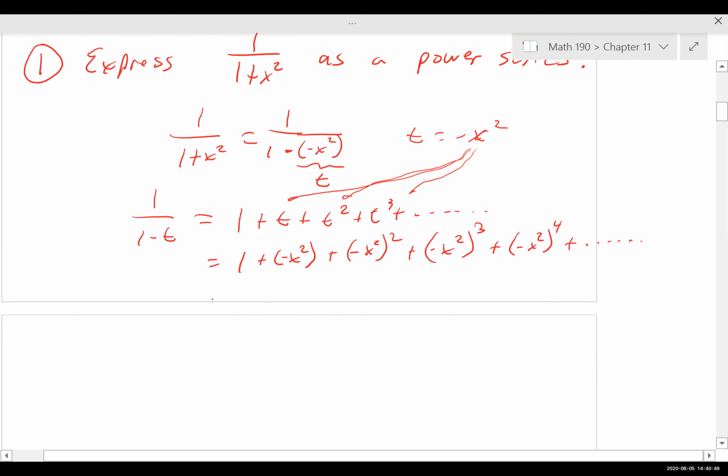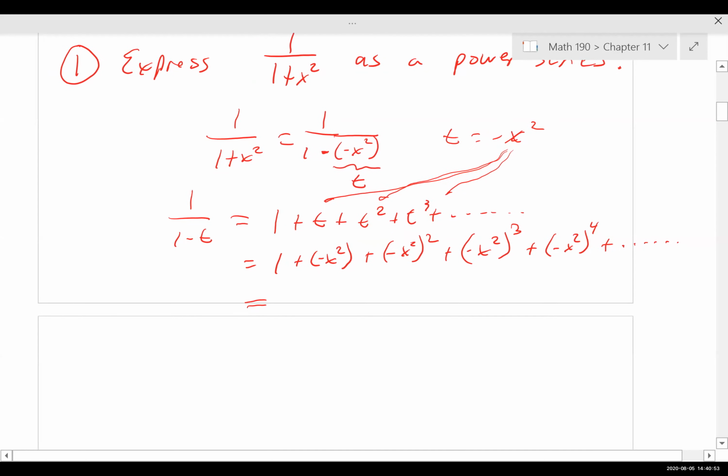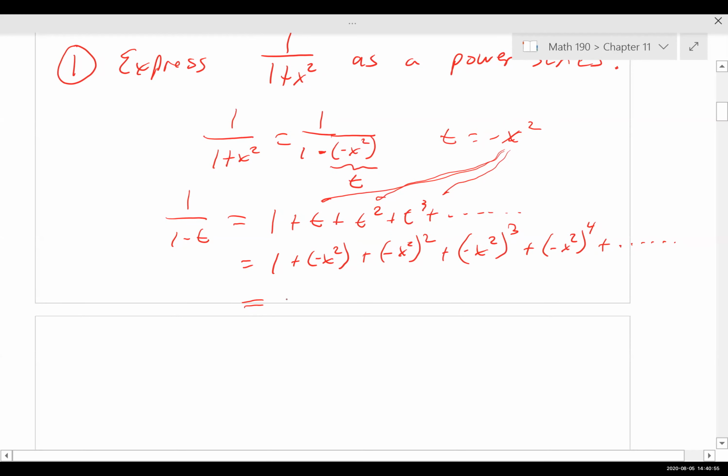So this thing is going to equal 1 minus x squared. Now this is negative x squared squared. The negative here is being squared, so that's plus x to the fourth, minus x squared cubed, which is minus x to the sixth, plus x to the eighth.